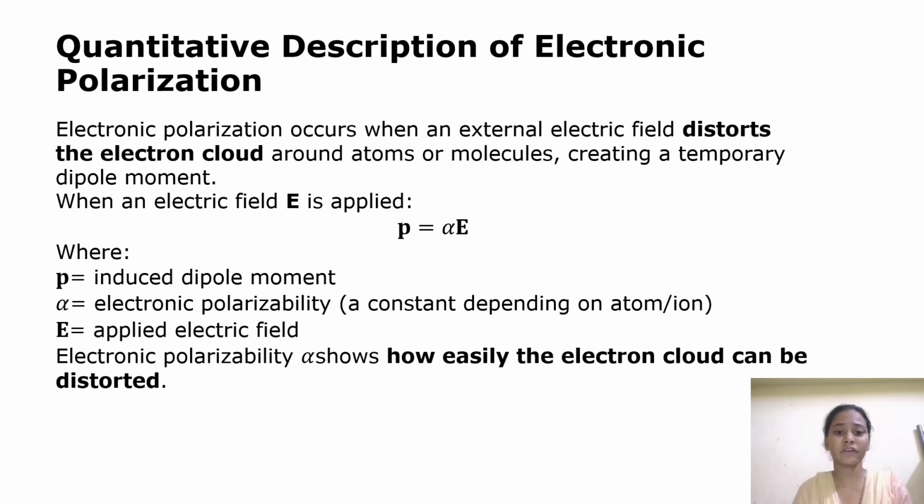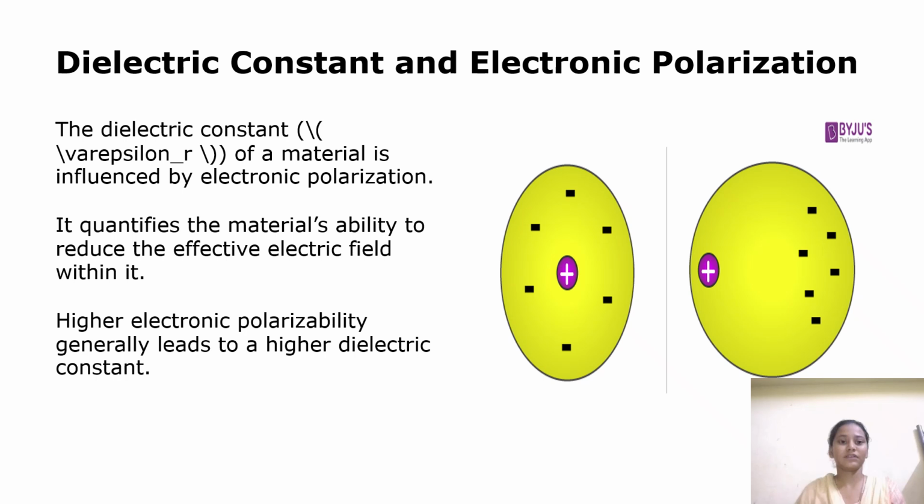When an electric field E is applied, P equals alpha E, where P is the induced dipole moment, alpha is the electronic polarizability, a constant depending on the atom or ion, and E is the applied electric field. Electronic polarizability alpha shows how easily the electron cloud can be disturbed.